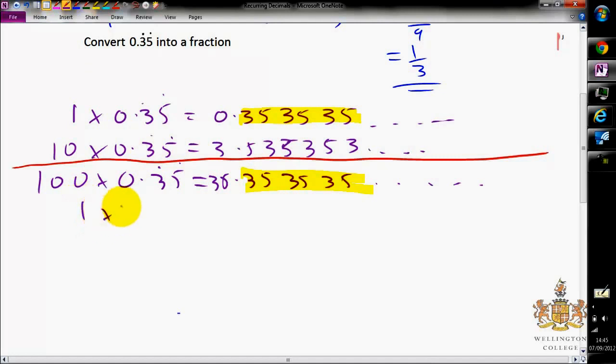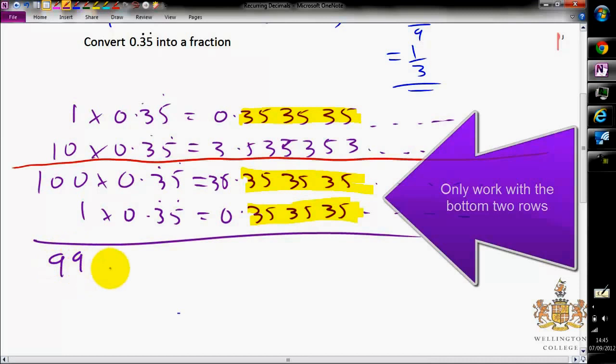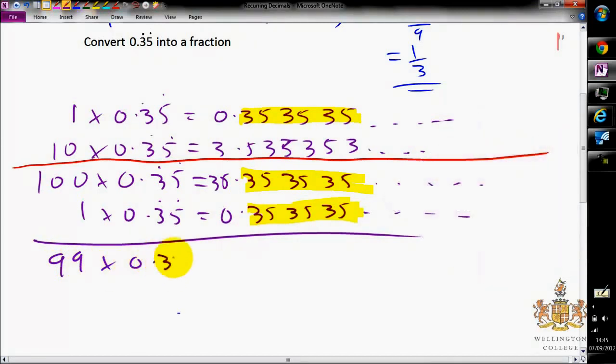So I'm going to take one lot away from 100 lots. Bear in mind, this after the decimal place matches up. So one lot away from 100 lots is 99 lots of 0.35 recurring.